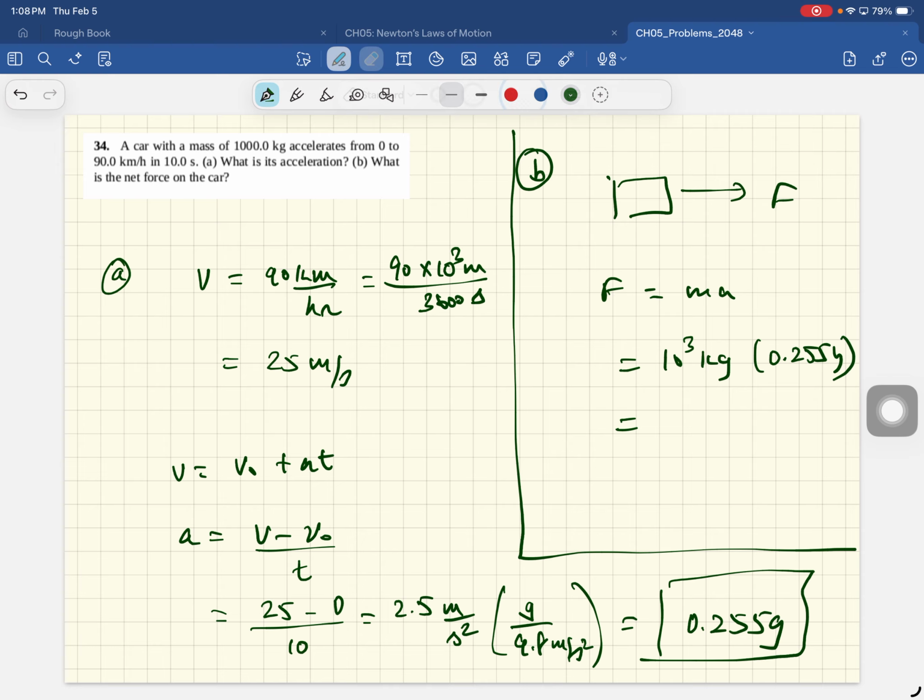The magnitude of the force is mg times the square root of 26.